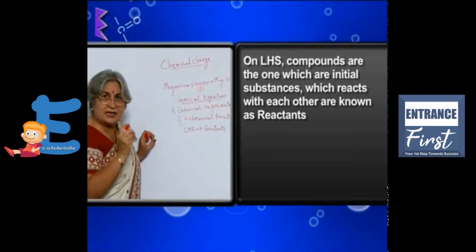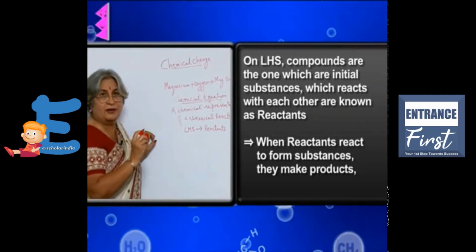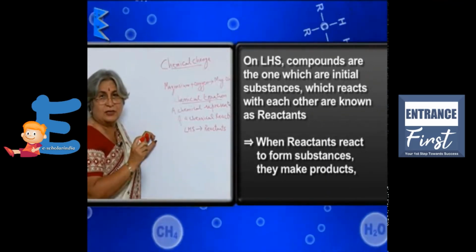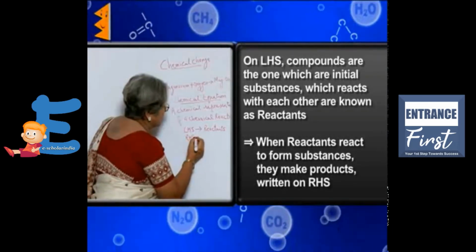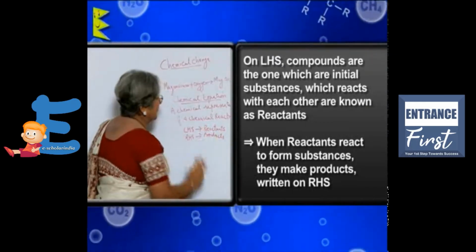And as a result of this interaction or reaction of reactants, the substances which are produced, they are called products, and they are written on the right hand side like this.